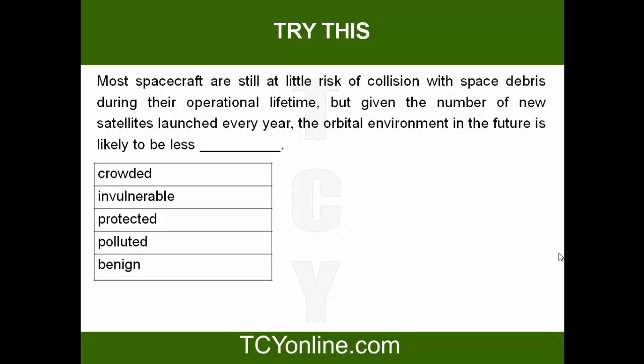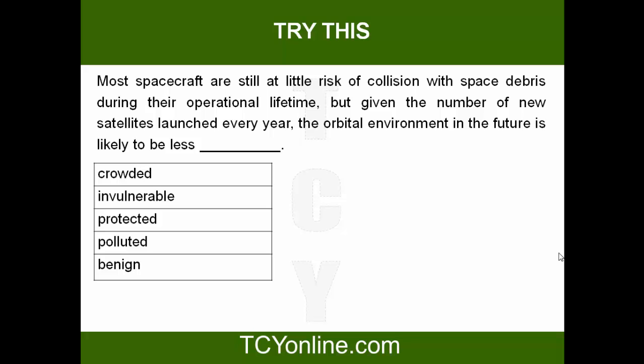Now when I say the spacecrafts are at little risk or no risk, and then I talk about a shift, what do you anticipate? I probably anticipate that earlier there was no risk, now some new risk or threat could surface. Correct? So immediately after but, I start thinking that way. Let's see.